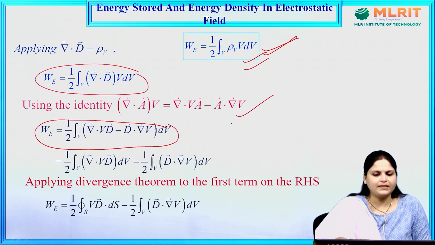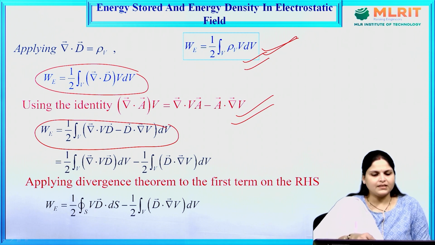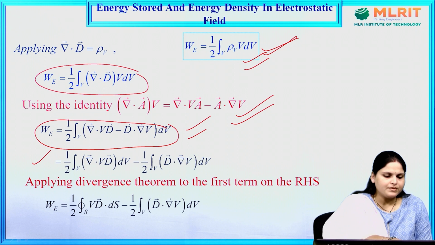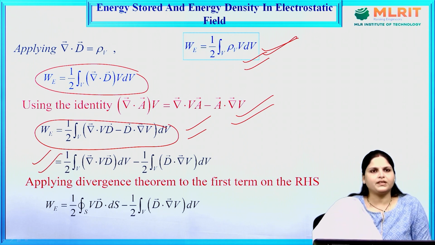Here we have an identity. Applying this identity, this becomes 1 by 2 integration of divergence of VD dV minus 1 by 2 integration of D dot del V dV.